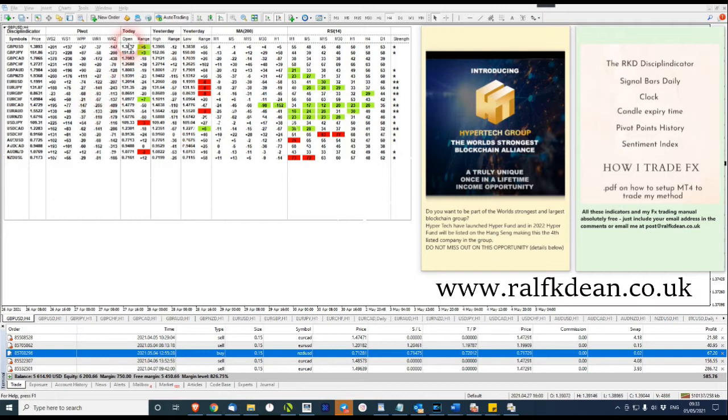The proximity to today's open, the proximity to yesterday's high and yesterday's low. Also, how far price is away from the 200 MA. This can be the 200 EMA or the SMA, depending on your trading preference. And it also gives you a snapshot of the current RSI readings.